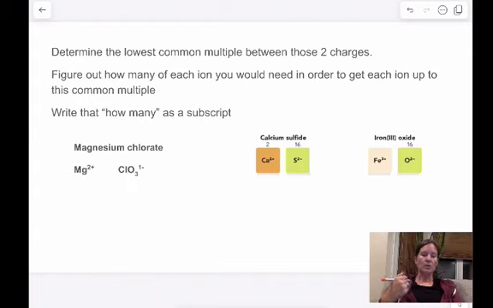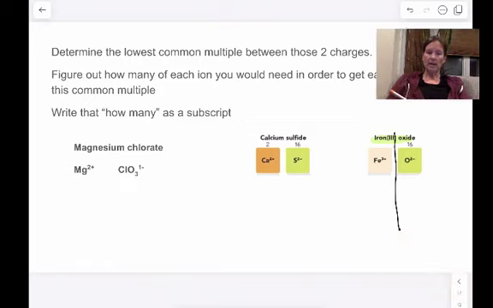For the iron(III) oxide example first, iron has a +3 charge and oxygen has a -2 charge. When I finish writing their formulas, I want to have the same number of pluses and minuses, so they both add up to 0 overall. If I have a charge of 3 and a charge of 2, the lowest common multiple between the two of those is 6.